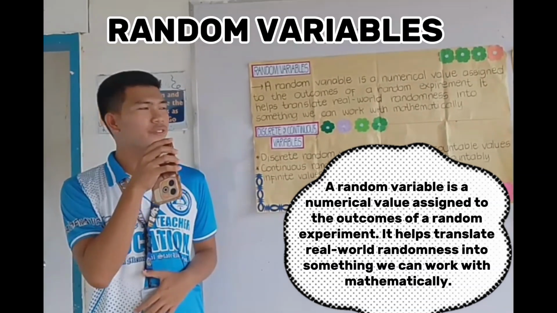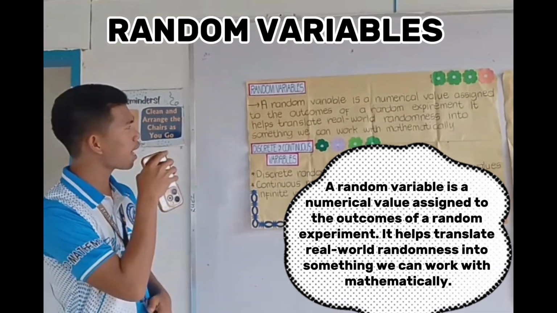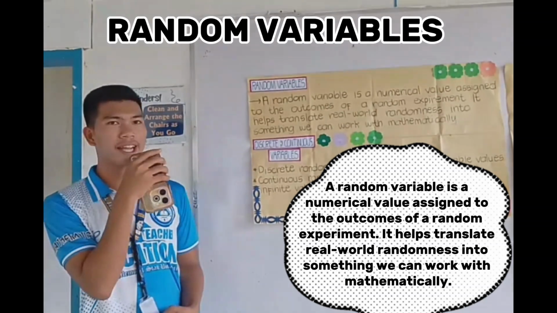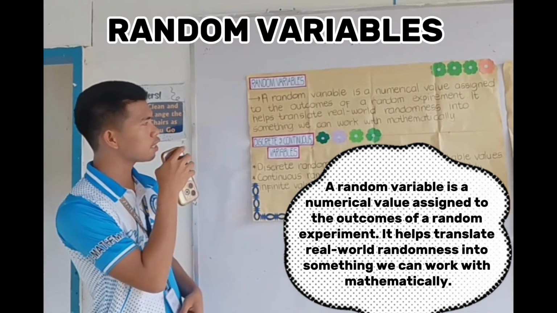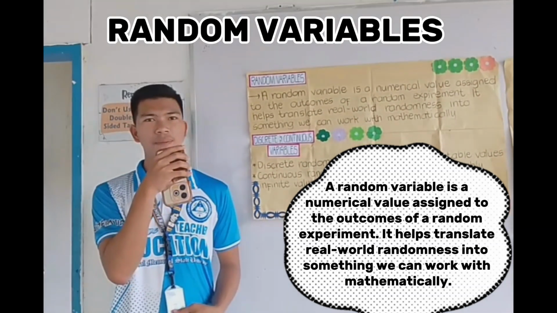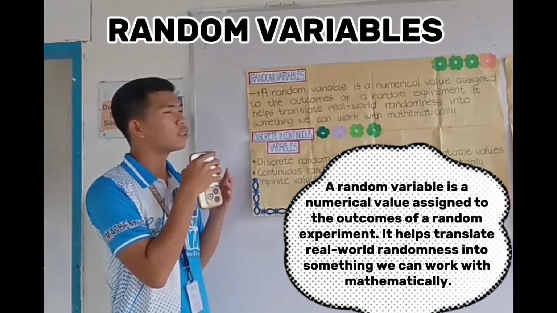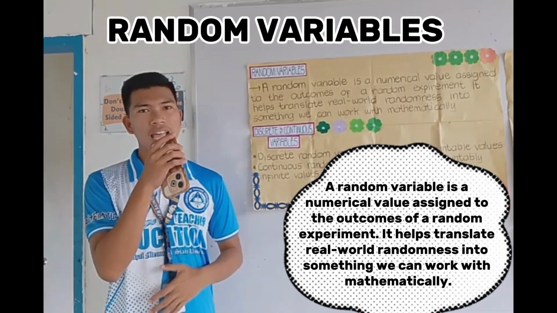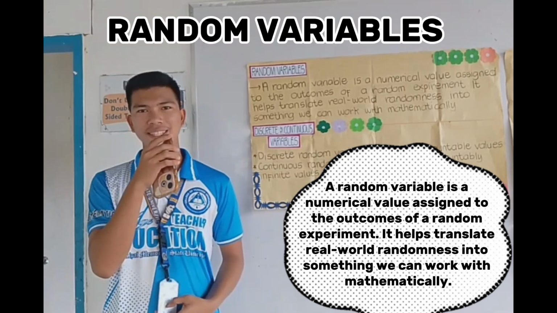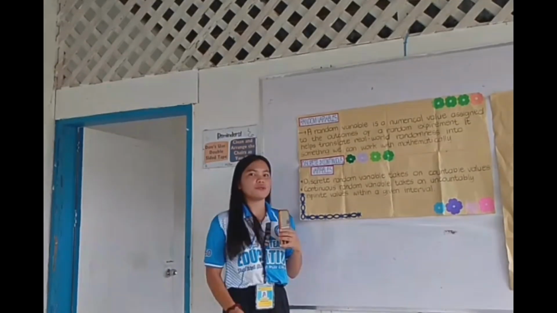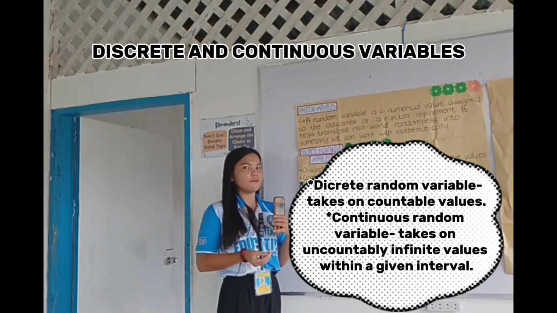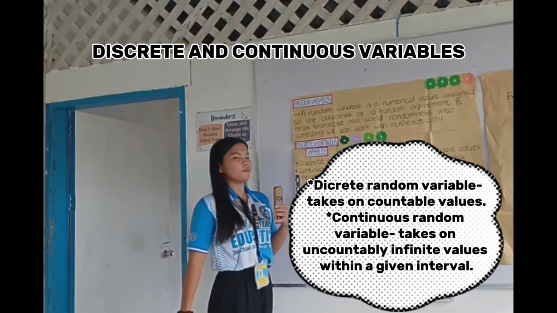When we say random variable, it is a numerical value assigned to the outcomes of a random experiment. It helps translate real-world randomness into something we can work with mathematically. We have two kinds of random variables: discrete random variables and continuous random variables.